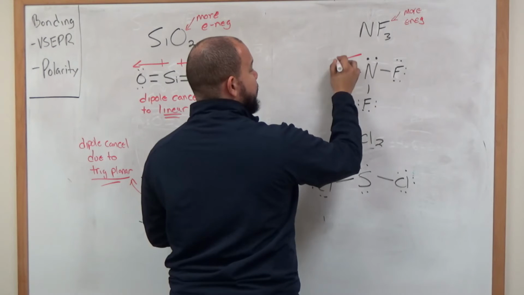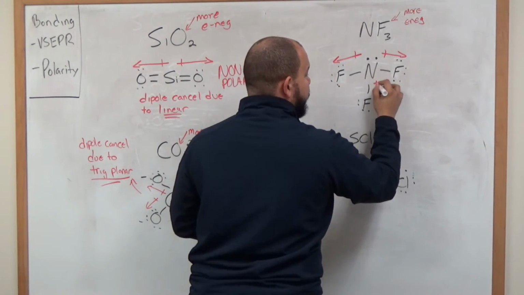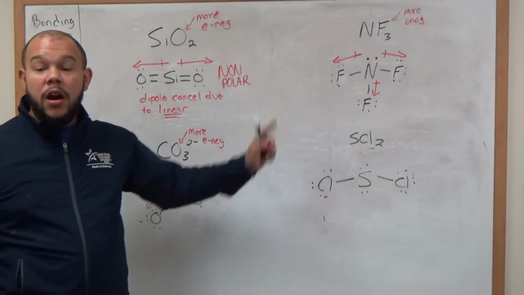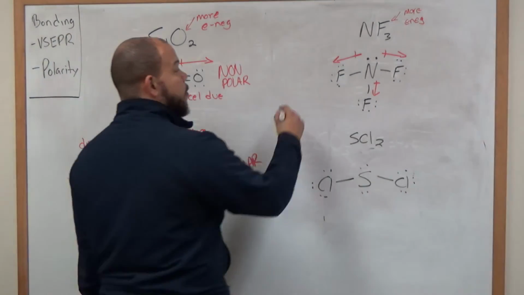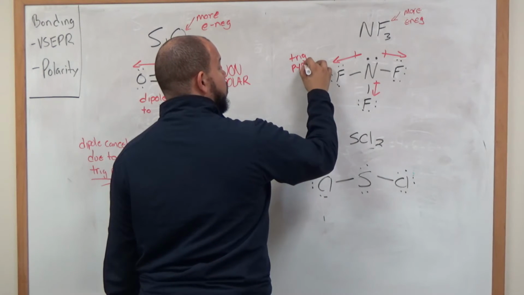Therefore, the dipole is going to exist towards the fluorine. And if we look at the molecular geometry of nitrogen trifluoride, we remember that it is trigonal pyramidal.